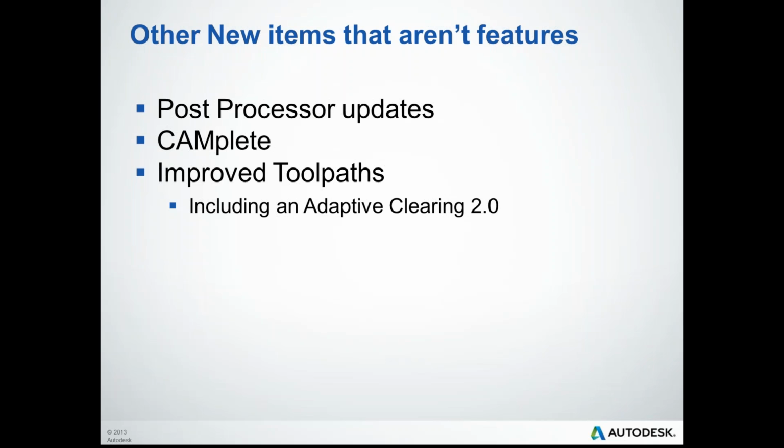So there's the ability to do a CAMplete APT file that will then translate into their software. Also, there's lots of different improved toolpaths, but the largest one would be what they're calling adaptive clearing 2.0, which is a better calculation of the actual passes on the adaptive clearing itself.